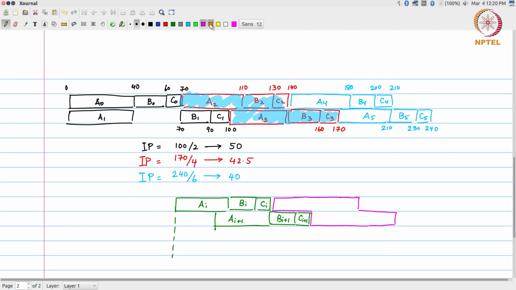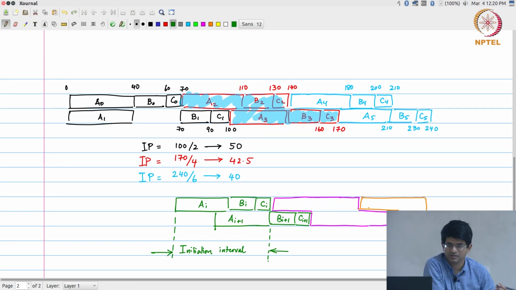The next one after that would start immediately after that, and so on. So effectively what I have over here is my initiation interval, the time between successive starts of this weird shape jigsaw puzzle that I have, and this initiation interval becomes equal to 70.